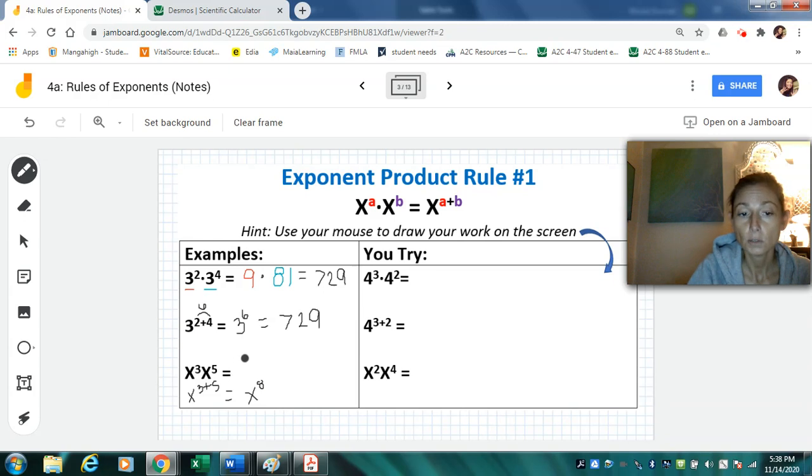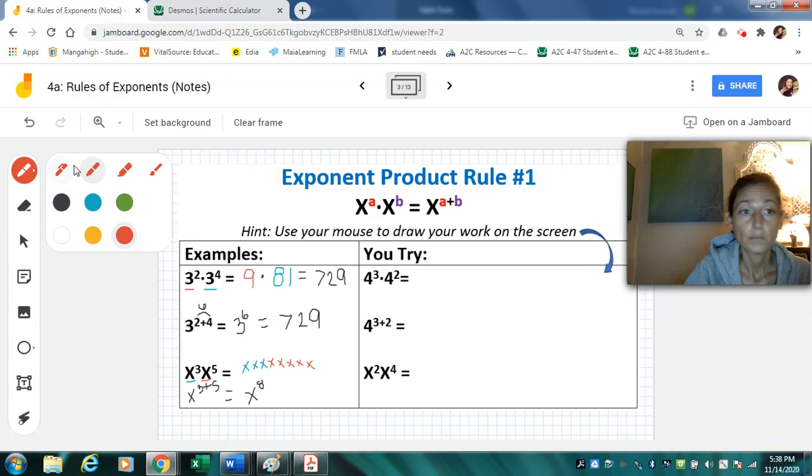So x cubed would be x times x times x. And then x to the 5th, I would have 5 of them. And these are all just getting multiplied. So it's x times x times x times 5 more x's. And when I add all of that up, that makes a total of 8.